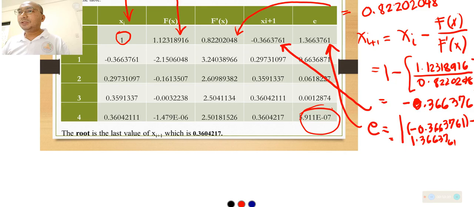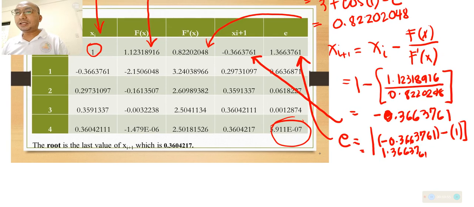You will notice that using the Newton-Raphson method, we arrived at the required error after only 4 iterations. That is very short compared to the previous examples, where we had at least 12, 15, or 20 iterations. But using the Newton-Raphson method, we can easily get the root of the equation after only 4 iterations.